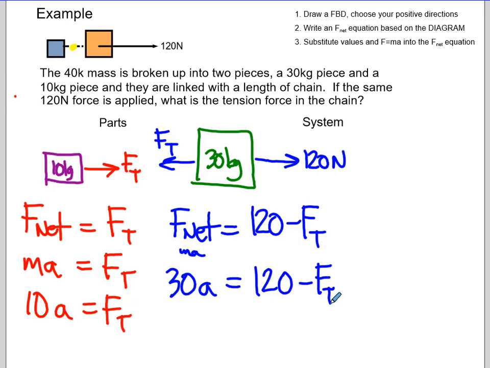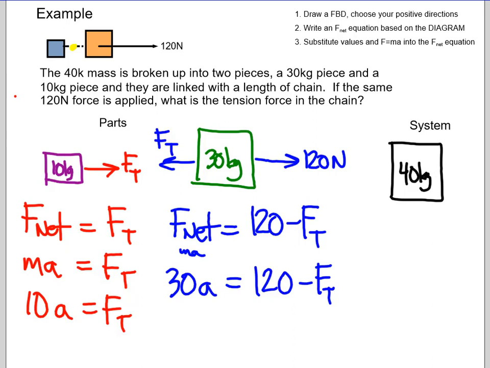At this point, you might think you're stuck, but we also have this system idea. We can take this whole thing and say if that chain doesn't stretch or bend or has no mass, then we could draw this whole system, the whole thing together, and call it a 40 kilogram mass.